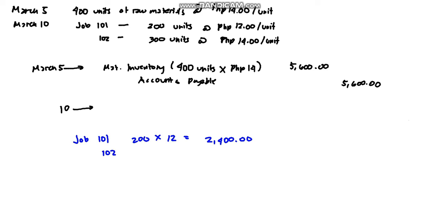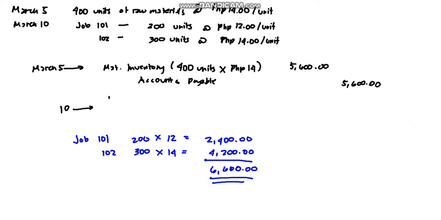And for job 102, this is 300 times 14, so that's 4,200. So that's a total of 6,600 pesos.